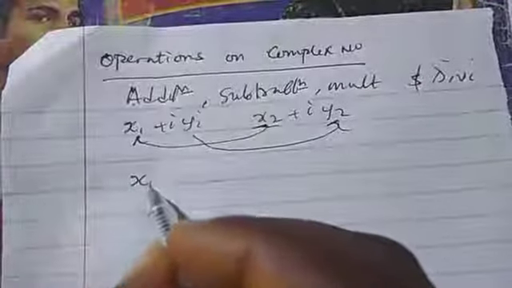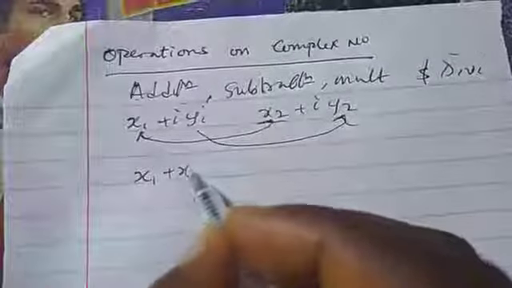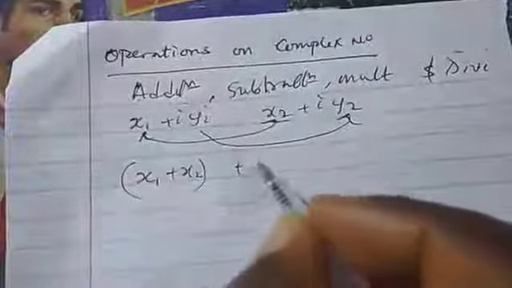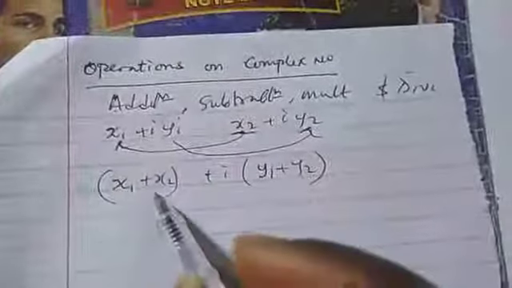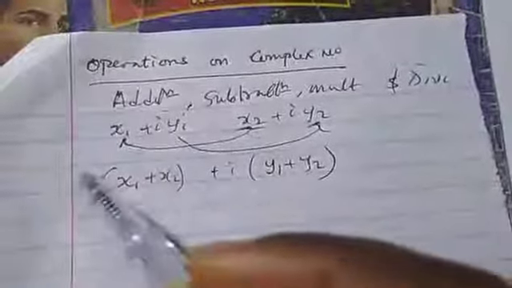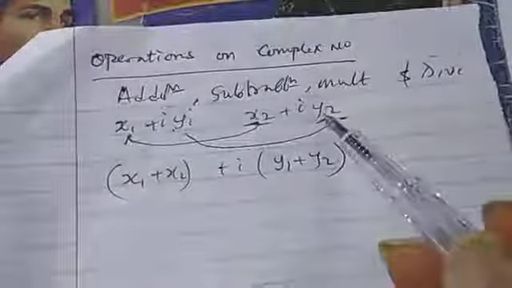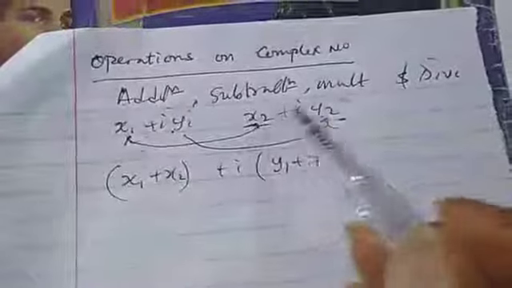That means it will be x1 plus x2 and then y1 plus y2. And the same thing goes for subtraction. We take real part to real part, imaginary part to imaginary part. You cannot add the real and imaginary parts together.